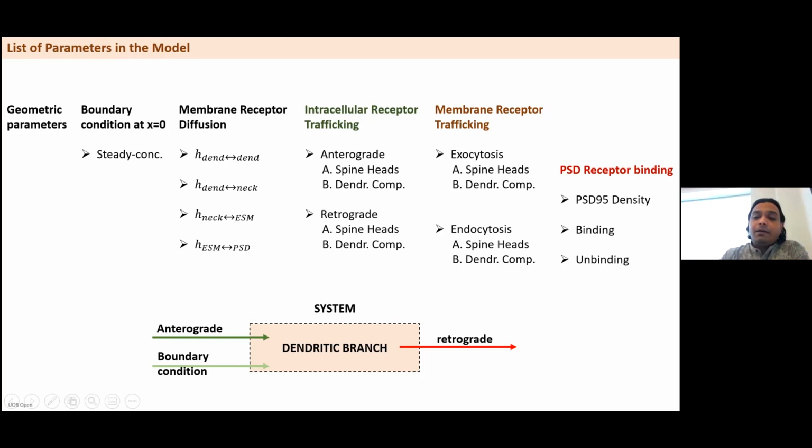And then we have PSD95 density, binding, and unbinding parameters for every PSD compartment in the spine. Now, if we consider the dendritic branch as a system, then the anterograde parameters and the boundary condition cause influx of receptors into the system, and the retrograde ones deplete the system of receptors.